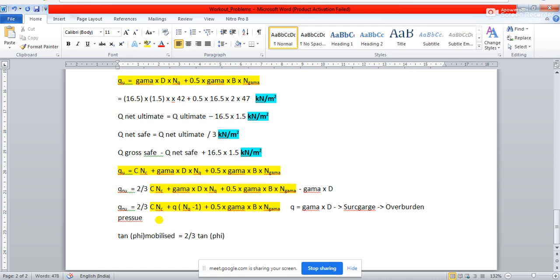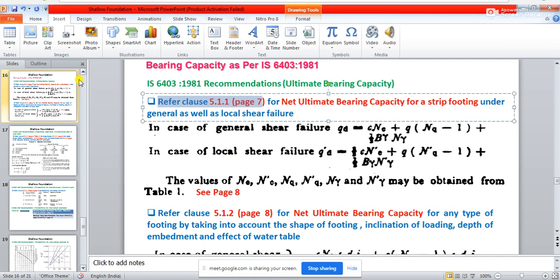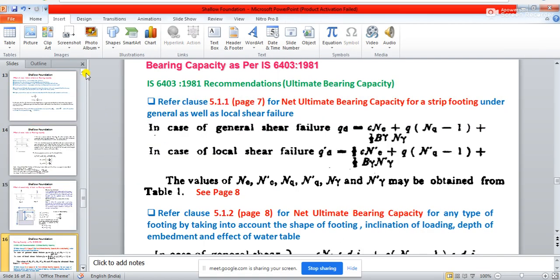You remember this? This is actually your general shear and local shear difference.